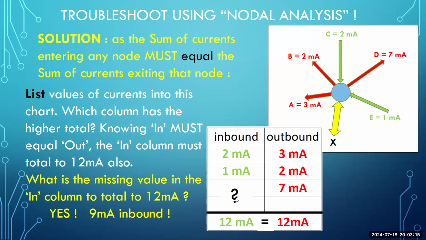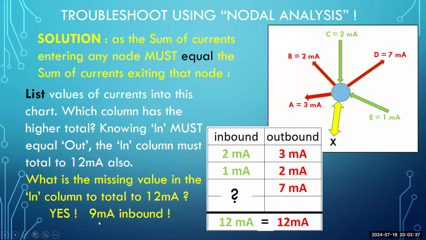What do you think? What value could be missing here? What value can be added in the inbound green numbers to give us the needed 12 milliamps total that are inbound? Think about this.